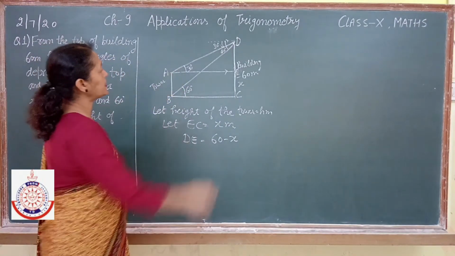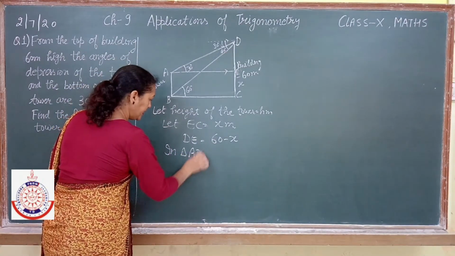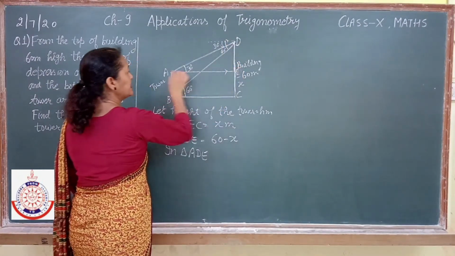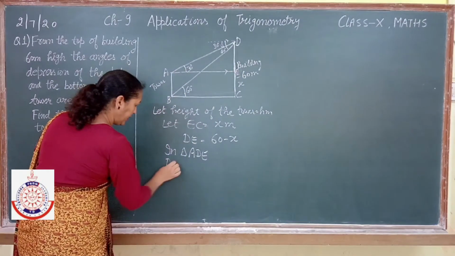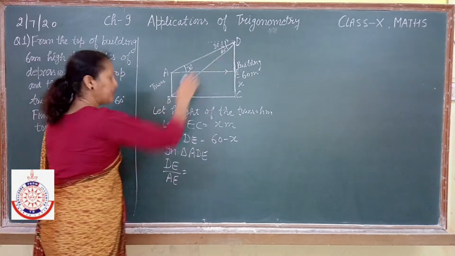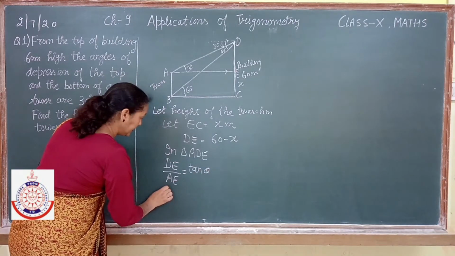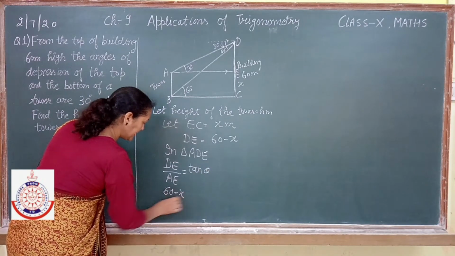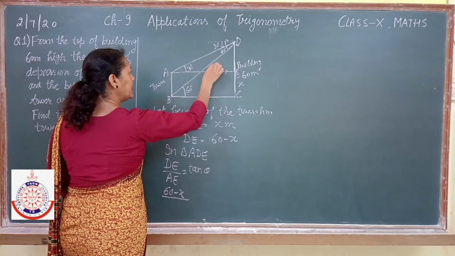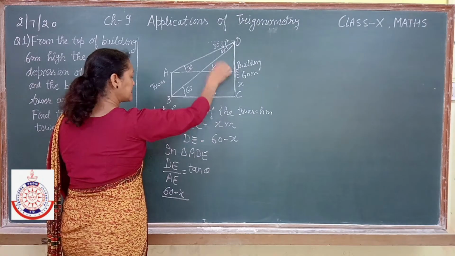Now in triangle ADE, what is the height? Height is DE, base is AE. DE upon AE, perpendicular upon base, is tangent theta, and DE we have taken as 60 minus x. AE we can take as Y. If this is Y, BC will also be Y because of parallel lines.